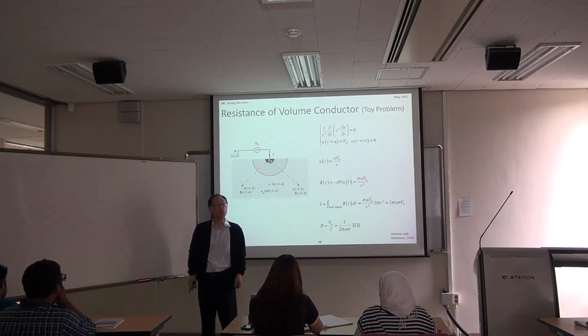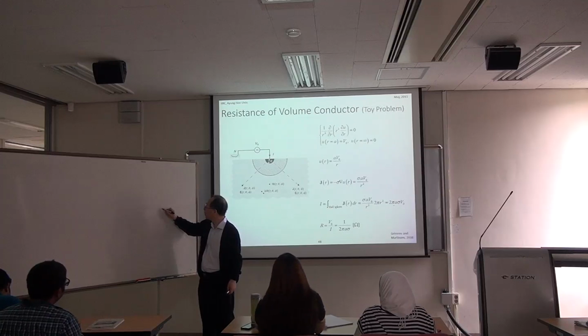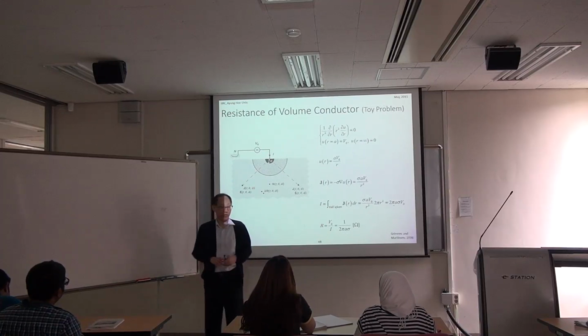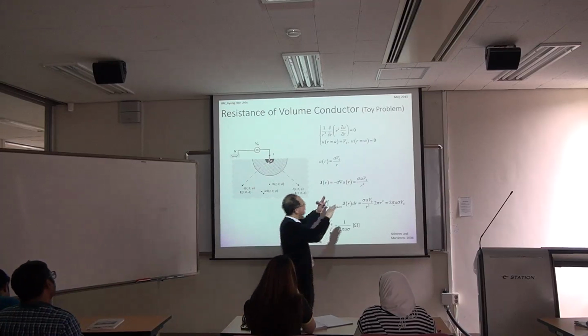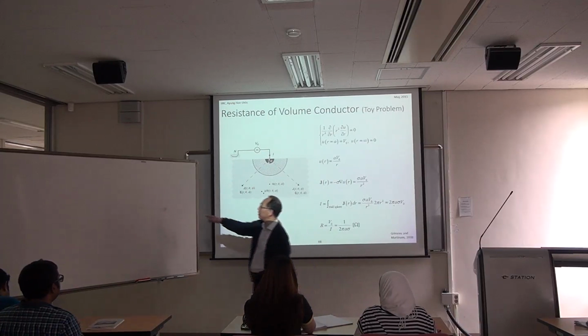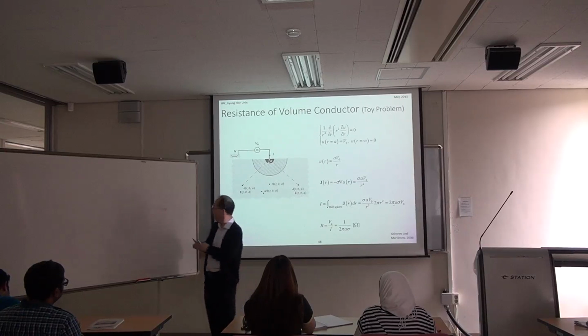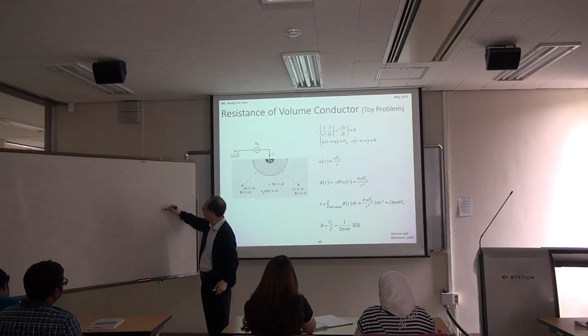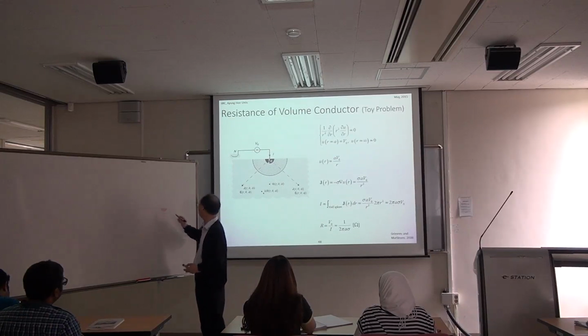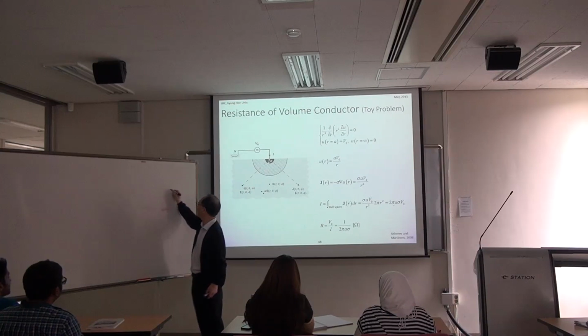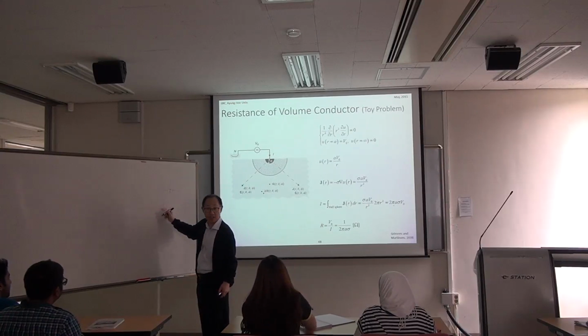You want to measure resistance between a spherical electrode and a semi-spherical electrode. So this is half of a sphere, metal or conductor, with radius of A. And now you are injecting current from here to here, okay?